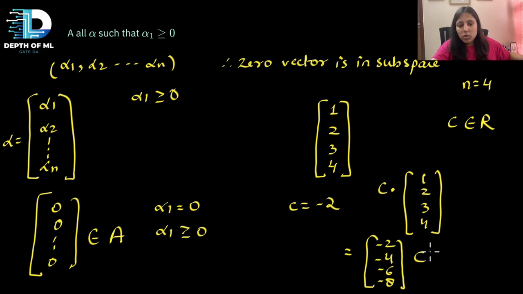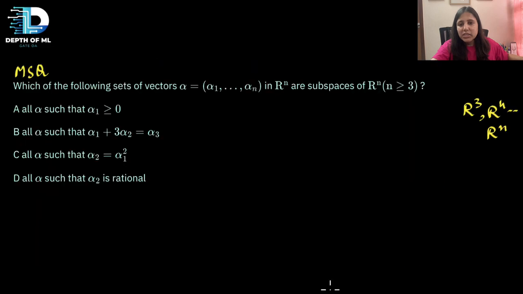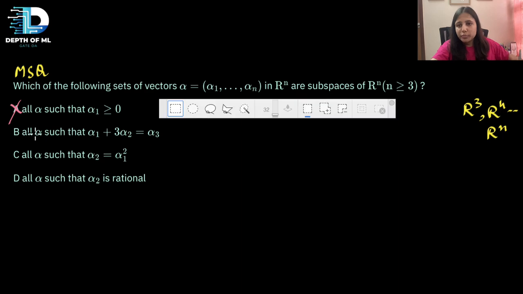Now this does not belong to A. Why? Because alpha 1 is not greater than or equal to 0 here. So this condition got violated. Therefore this is not closed under scalar multiplication. Hence this is not a valid subspace. Now let's check option 2.